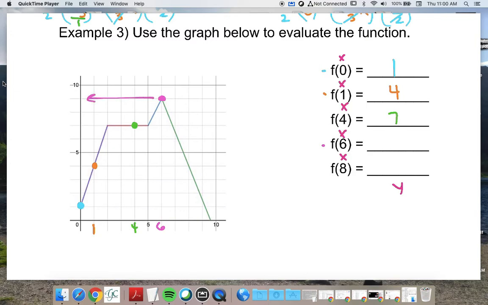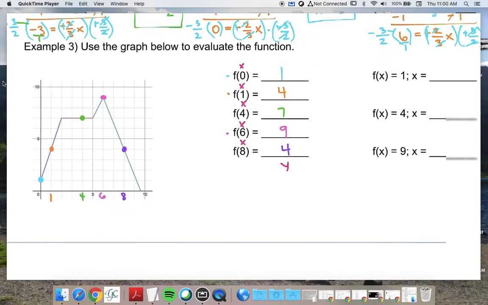That y value is 9. And then to finish up our x values, we're going to look where x is 8. It's right here, and the y value at that point is a positive 4. So notice those y values of 4 repeated, and that's okay. All of our x's are different, and that's what we're looking for when we look at a function.